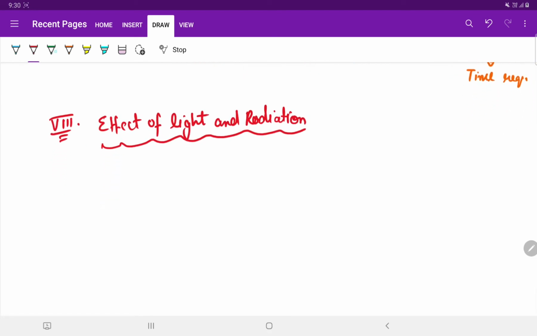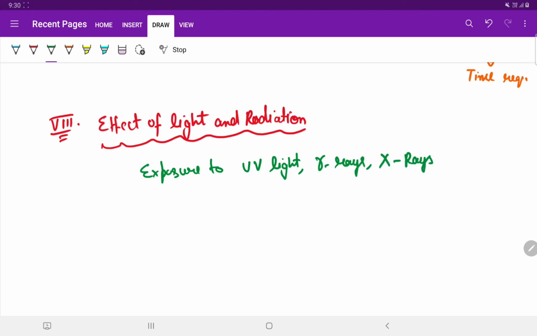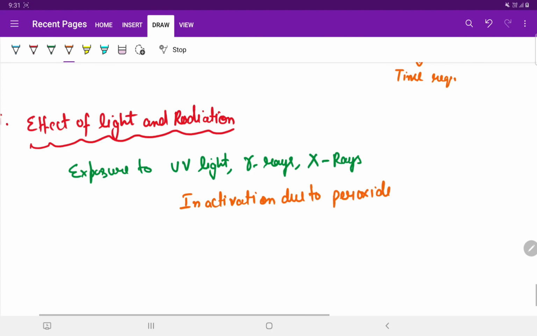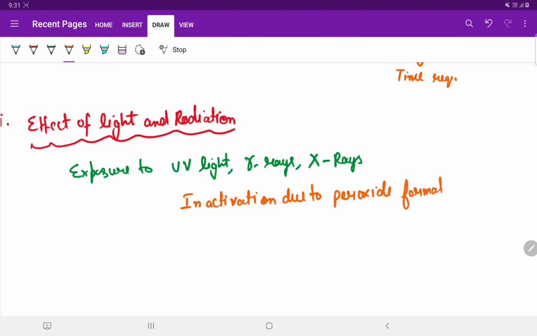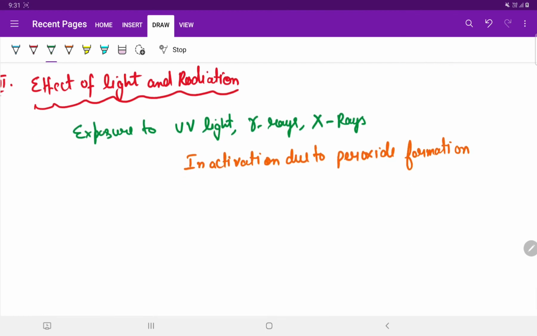Exposure of enzymes to UV light or UV radiations, gamma rays, and X-rays inactivates certain enzymes due to the formation of peroxides. So, it causes inactivation due to peroxide formation, and this may lead to free radical destruction.